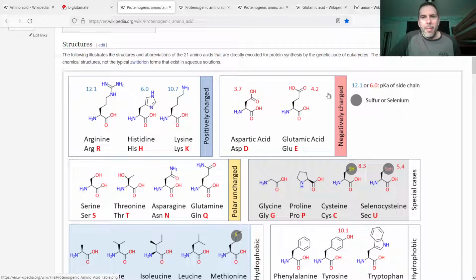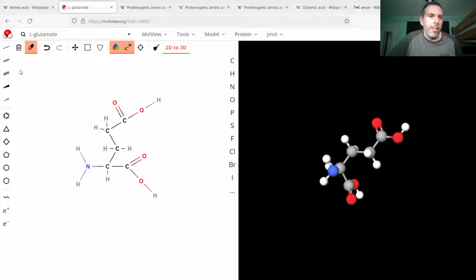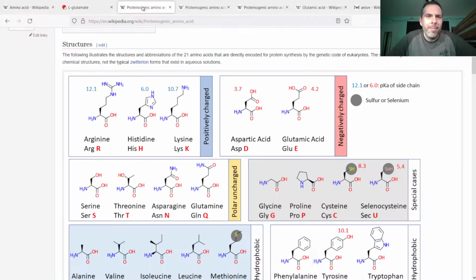Because of that, it's more likely that glutamic acid would lose its hydrogen to the environment and not be replaced as readily. So in a cellular pH environment, you're more often going to see the ionized form of the molecule. Hopefully that makes sense. And the pKa value gives you the threshold where you'd go from a 50-50 mix.